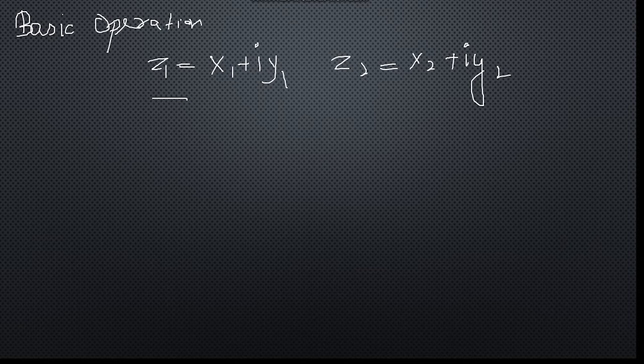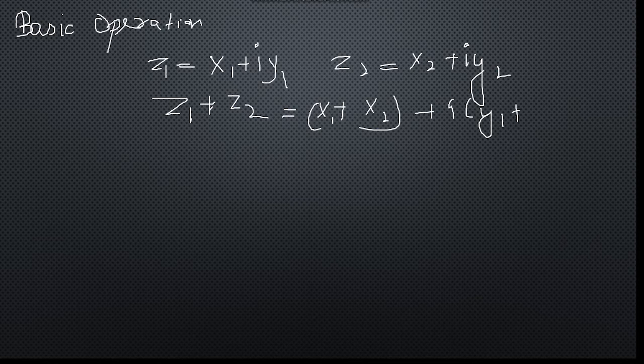On adding both of them, Z1 plus Z2 equals x1 plus x2 plus iota times y1 plus y2.